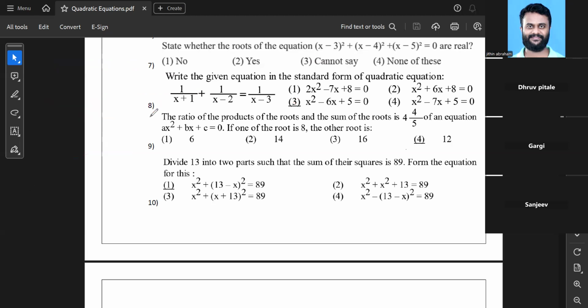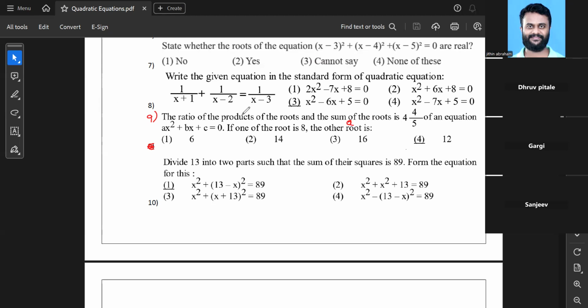So ninth one. The ratio of the product of roots and the sum of the roots is 4 and 4/5 of a quadratic equation. If one of the roots is 8, then the other root is what? Now let me call the other root, let's say, a.